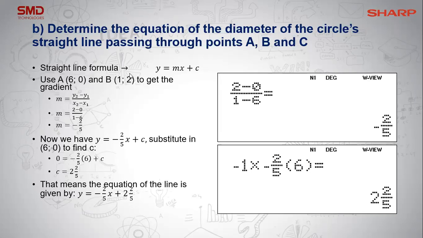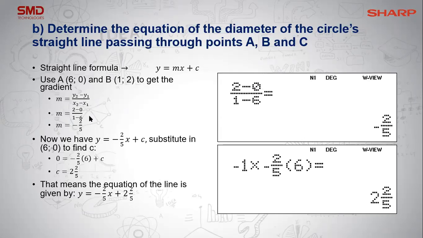I've used this as y2 and x2, so put a little y2 and an x2 above it, and here put a little y1 and x1 above it. It will make it easier to substitute into the gradient formula. I've just put it into the calculator so you can see. So we get an answer of minus 2 over 5.